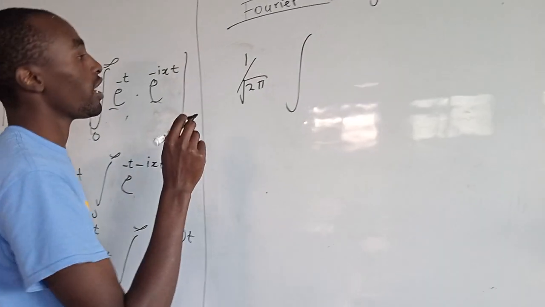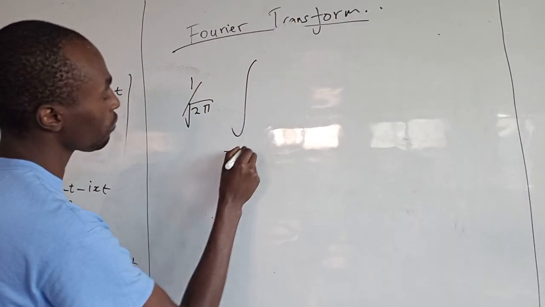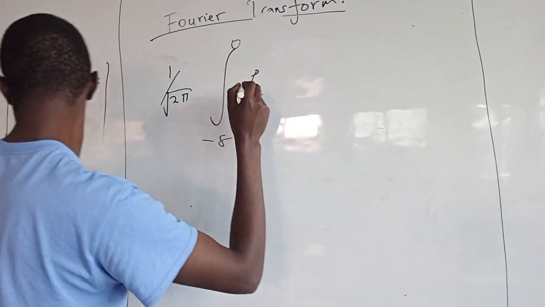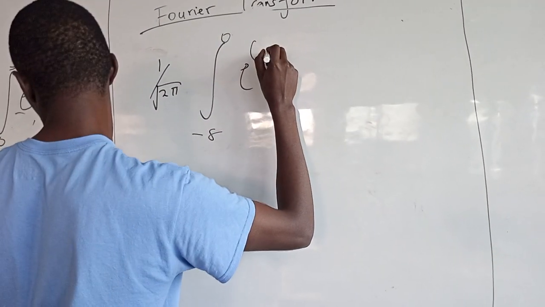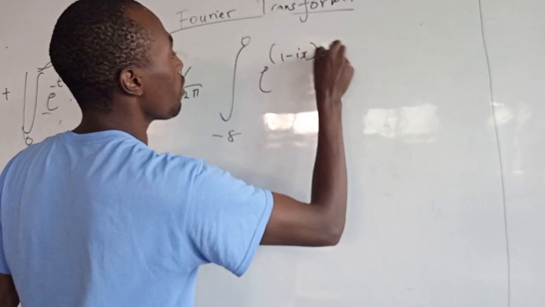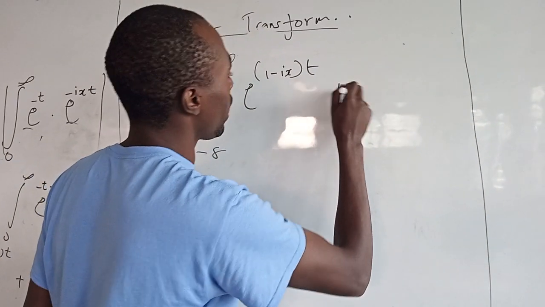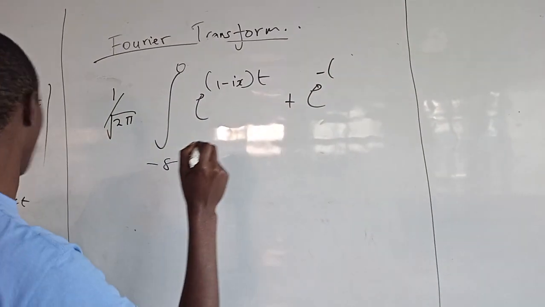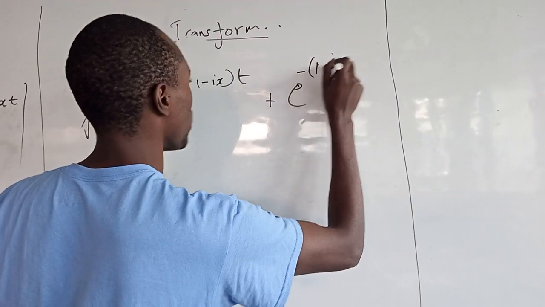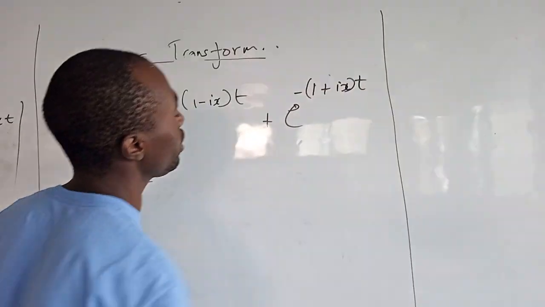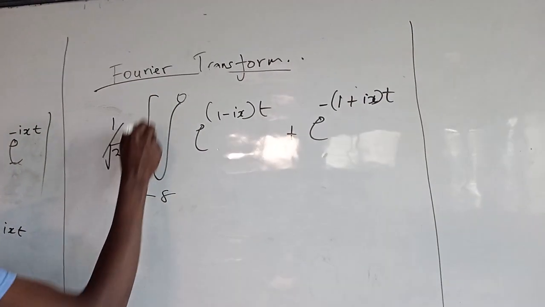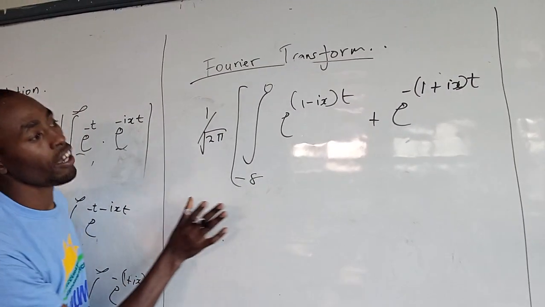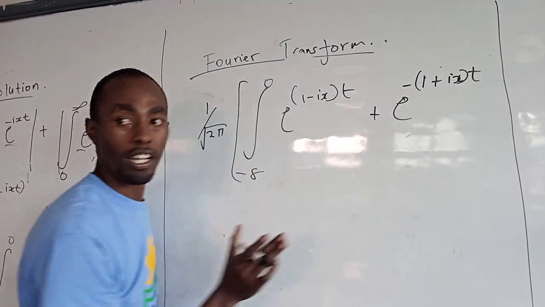So after integrating from negative infinity to 0, e raised to (1 minus ix) t, plus the exponential of negative (1 plus ix) t, having this, remember this 1 over root 2 pi is affecting the whole function.